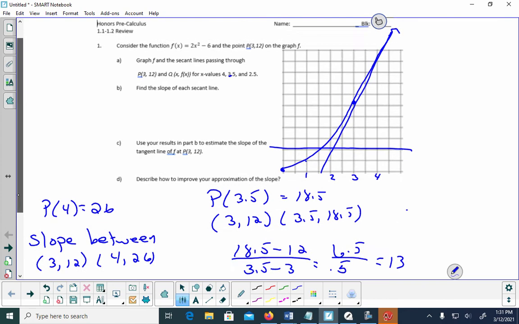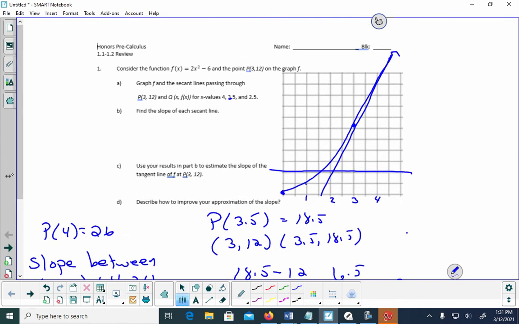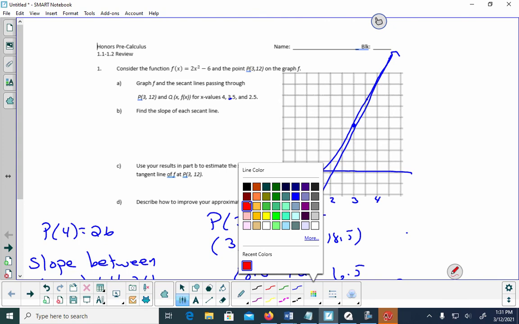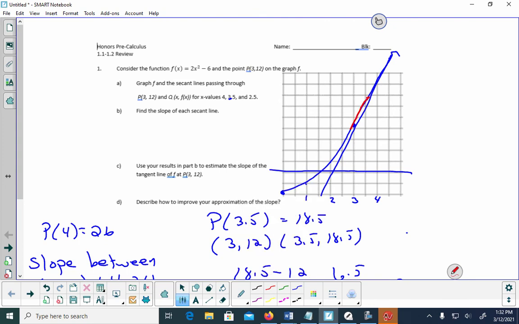So 3.5, 18.5 would be here. Let me switch colors. Red. Sounds good. So here and here, so that would be that secant line. Not very neat.